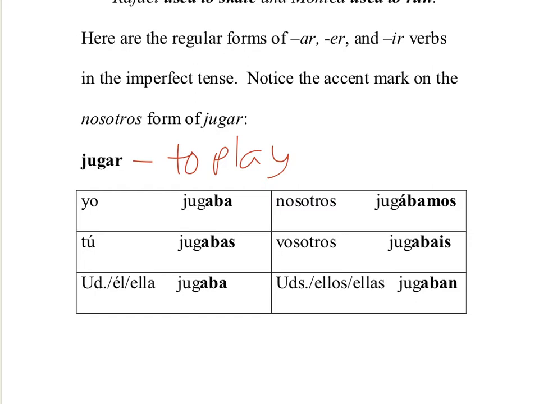We've got yo jugaba, tú jugabas, usted, él, ella jugaba, nosotros jugábamos, vosotros jugabais, ustedes, ellos, ellas jugaban. And here we've got an accent mark on the nosotros form of jugar, jugábamos.